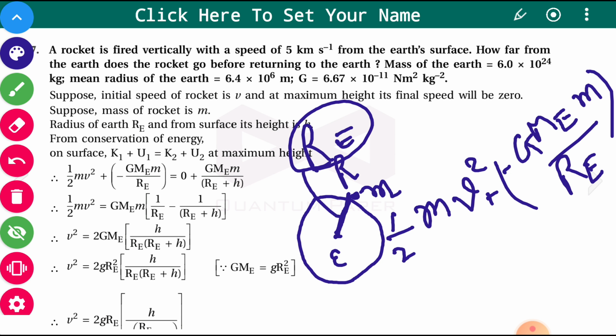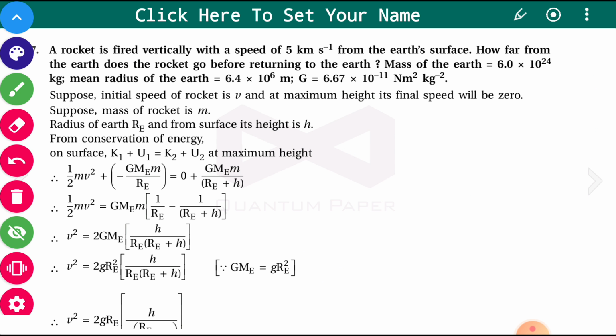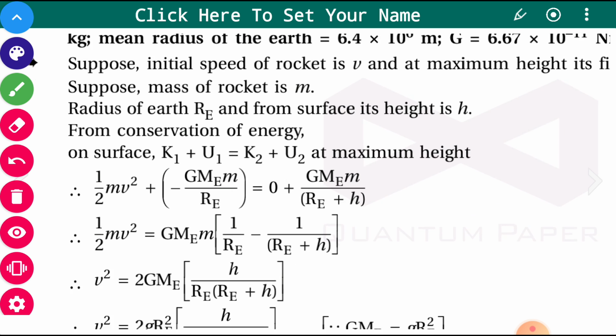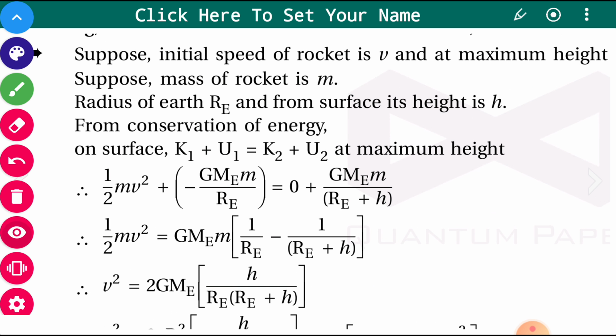So first of all, initially it has both the energies, kinetic as well as potential, and these are shown as K1, the initial kinetic energy, and U1, the initial potential energy. Initial kinetic energy is 1/2 mv square, where small m is the mass of the rocket, and potential energy is minus G M_E m upon Re.